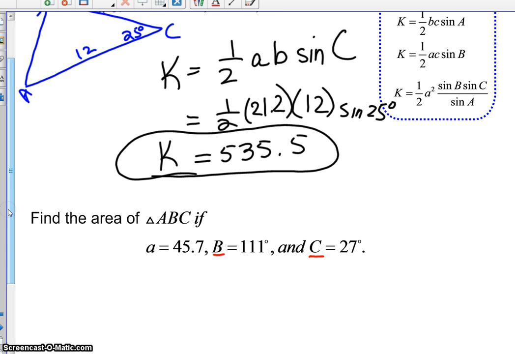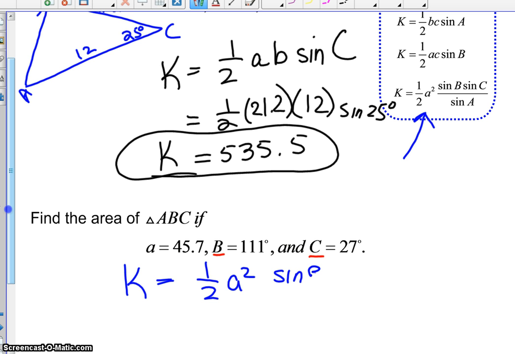The formula I'm going to use is this one, where K is equal to 1/2 times A squared, times the sine of B times the sine of C angle, divided by the sine of A angle.